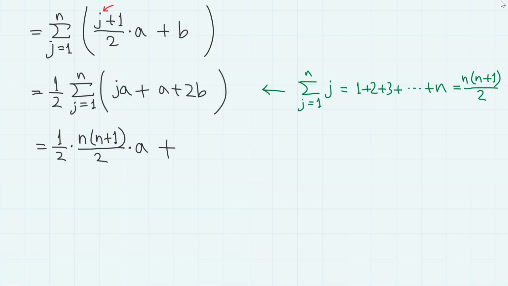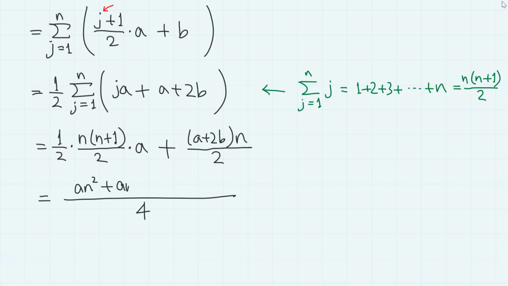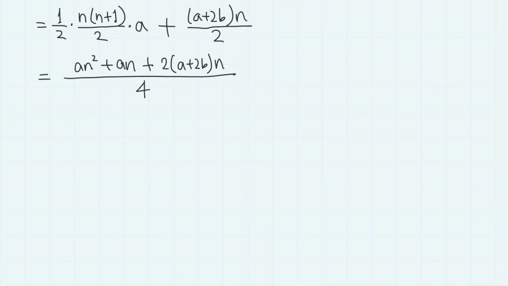Then for the remaining part, we simply have (a plus 2b) times n divided by 2. So if we use the common denominator 4, we have an squared plus an plus 2a plus 2bn, which eventually gives (an squared plus 3a plus 4b n) divided by 4.